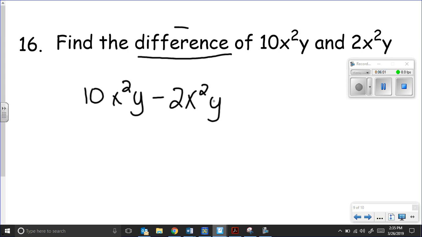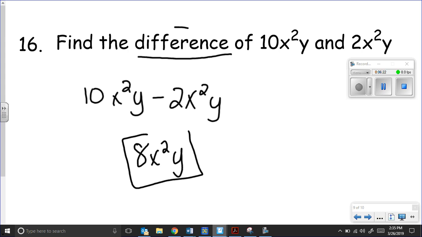They have the same variables with the same exponents, so we're just going to worry about the coefficients. So 10 minus 2 is 8. And then we keep the variables with their exponents, x squared y. And here's our final answer.